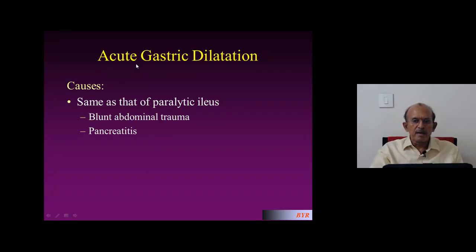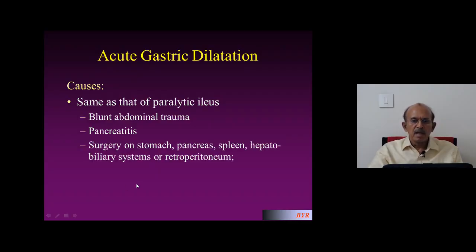So we are talking about acute gastric dilatation. That means the stomach loses its peristaltic activity and dilates into a large bag. The causes are following blunt abdominal trauma, following acute pancreatitis, we have seen it. Then following surgery on the stomach, pancreas, spleen, hepatobiliary system, or retroperitoneum.